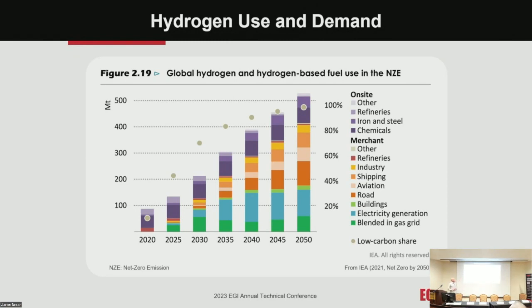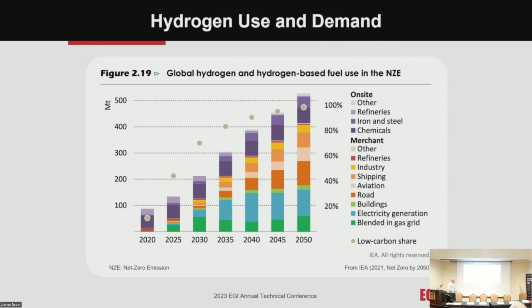So I will start by giving some context. The current main use of hydrogen is as a feedstock in chemical and petrochemical factories. But in the net zero emission scenario, the use of hydrogen is expected to increase, due to its use as fuel in shipping, aviation, road transport, and also for electricity generation.